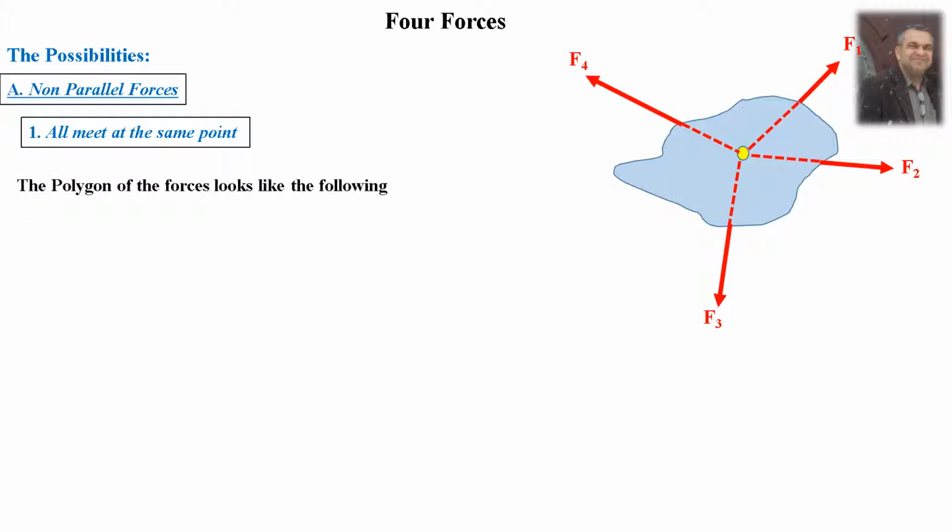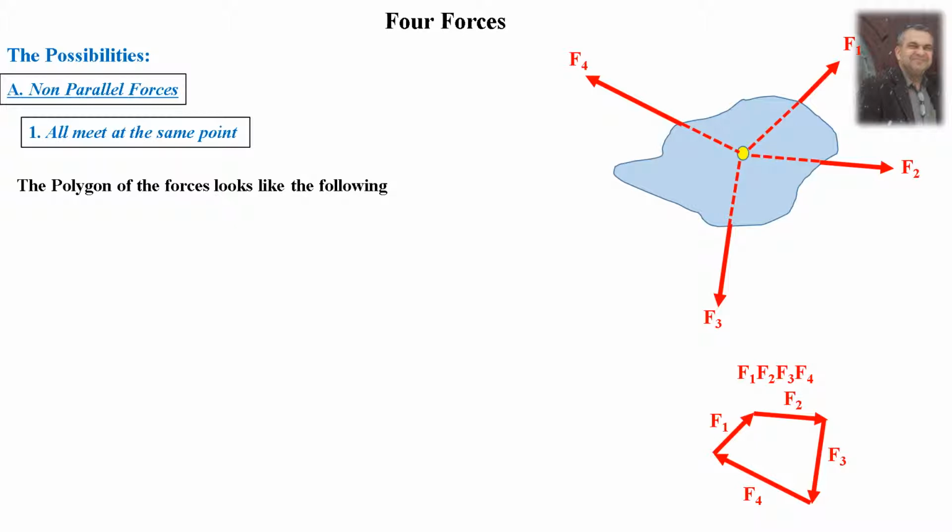And the polygon is fairly easy. You draw a parallel for each force. One arrangement of this polygon is F1, followed by F2, then F3, and then F4.